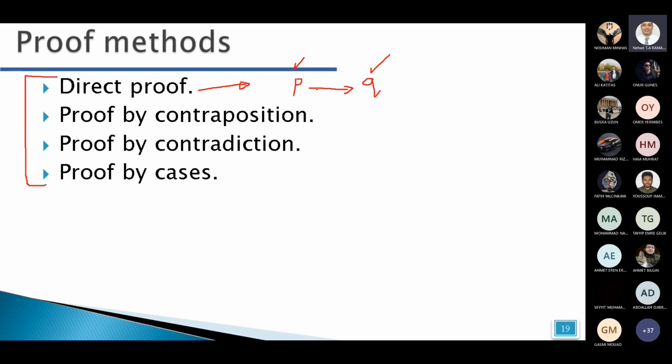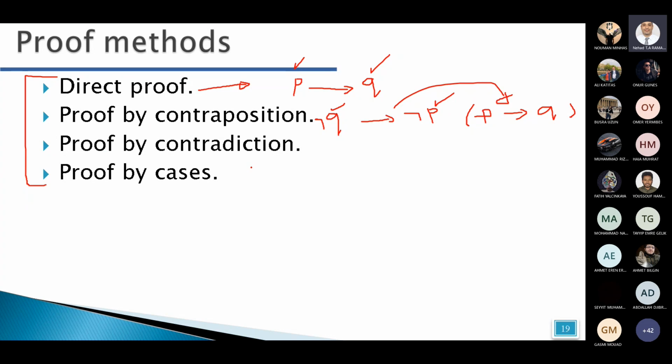We have P implies Q. We start this time from not Q and we get not P. In this case, we said that P implies Q is also correct, because when we say not Q implies not P, it's equivalent to this one. So we start from not Q, we get not P, then we proved it.